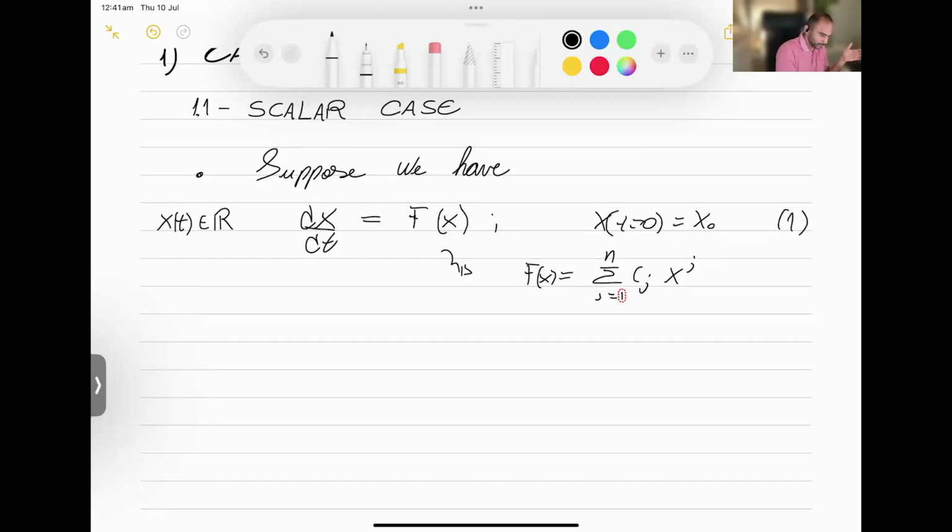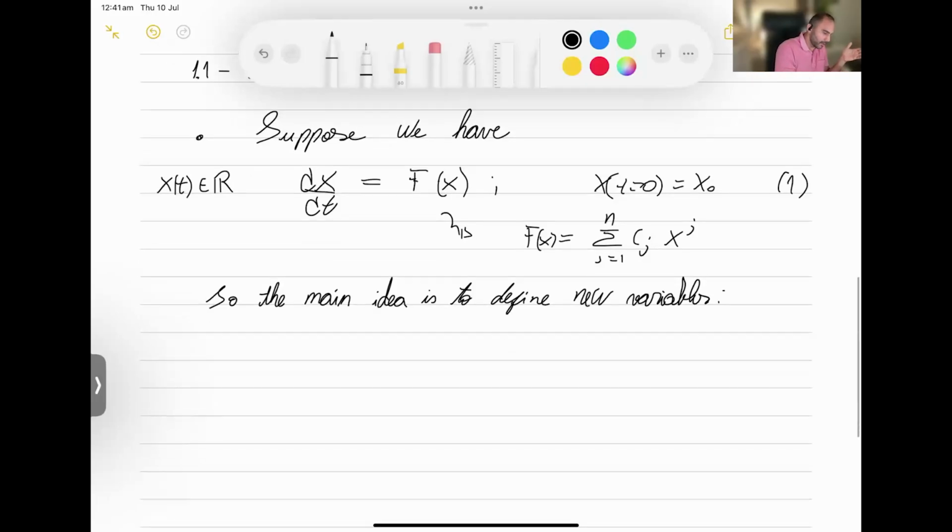So the main idea is to define new variables, which we're going to call y, as people usually do.